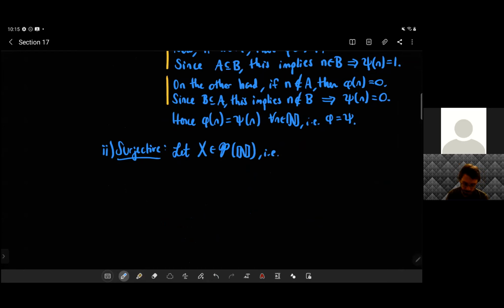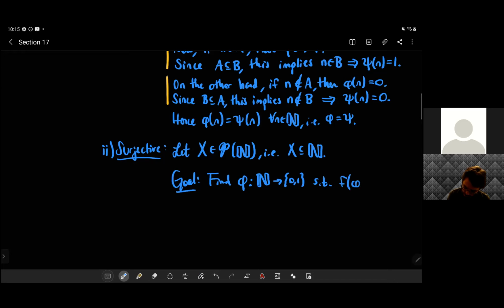And if you don't like talking about power sets, all that means is x is a subset of the naturals. Our goal is going to be to find some function phi from N to {0, 1}, such that f of phi equals this set x.